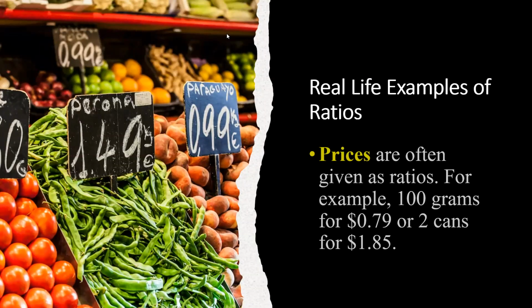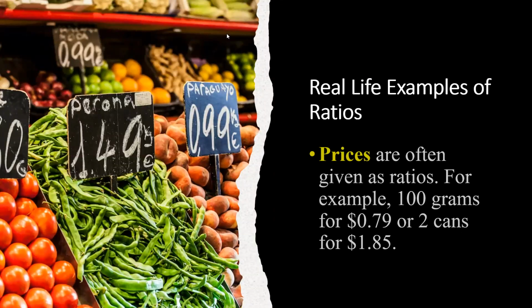So for example, let's say I'm selling pumpkin, right? I'm saying, okay, this pumpkin is $1.50 per pound, right? That per pound, that's a ratio.